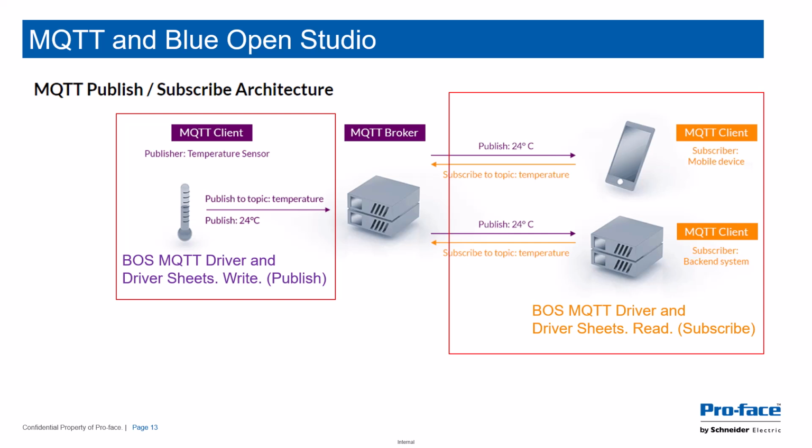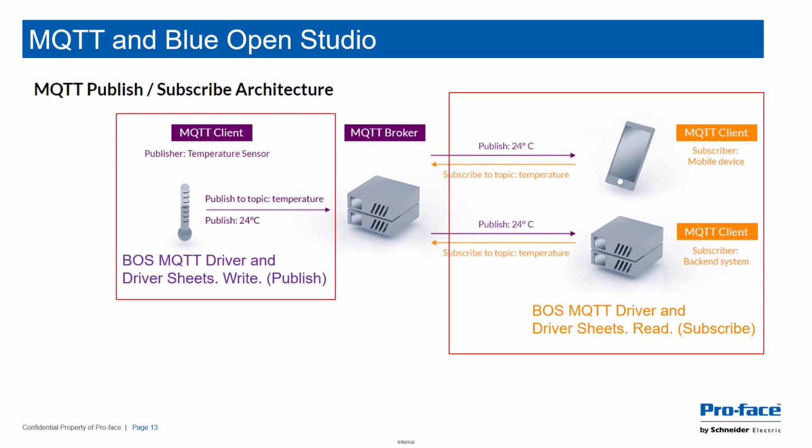Okay, so in a nutshell, how is MQTT in Blue Open Studio working together? Assuming you know a little bit about Blue Open Studio and how it's functioning, MQTT is a communication driver. Being a communication driver, it has driver sheets. Within these driver sheets, you have what we call standard driver sheets and a main driver sheet.